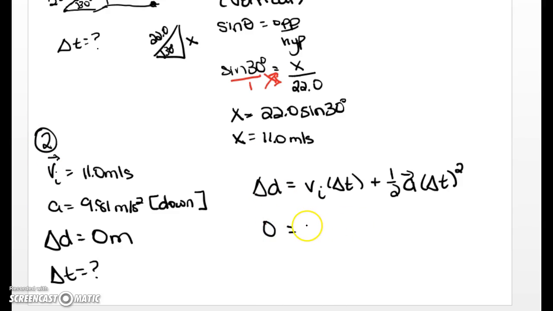So that's equal to your initial velocity of 11.0 meters per second times the change in time, plus 1/2 times, and this one here is very important, our acceleration is going to be negative because it's pulling it down, and we know that initial velocity would be pushing it up. So we have to make sure we have those negatives in there to indicate the different directions.